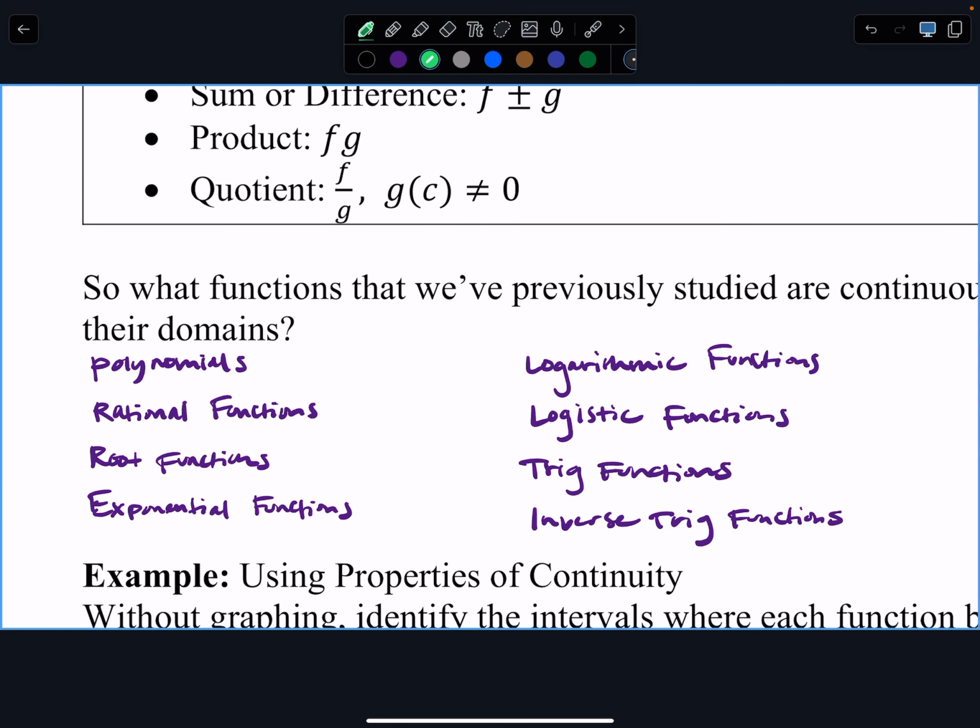Now, which of these could we say are continuous everywhere? And when I say continuous everywhere, we mean from negative infinity to positive infinity. Which of these, from this list of functions, do you recognize as having a characteristic of being continuous everywhere?